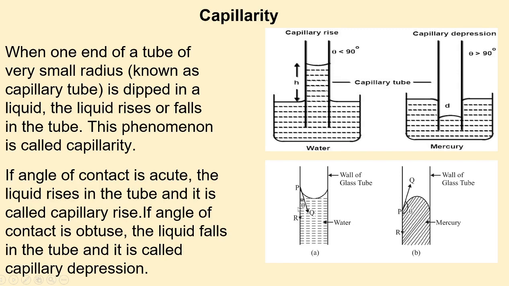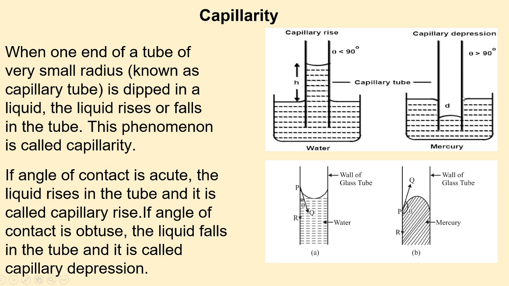Here this is the solid surface, and this is the tangent to the liquid surface. So this angle is theta, and obviously it is an acute angle. So the liquid will rise in the tube, and it is called a capillary rise.